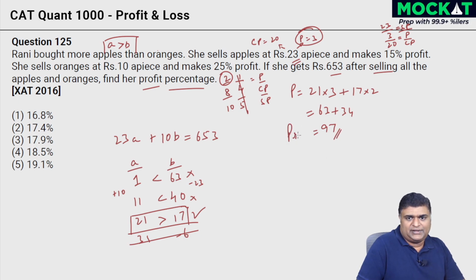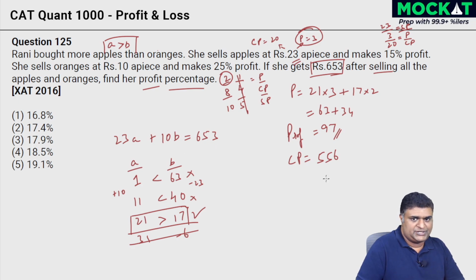If profit over here is 97, profit is a percentage of cost price. What is the CP? My selling price is known as 653. 653 minus 97 is coming to 556. Subtract 100, add back 3. 556 rupees.